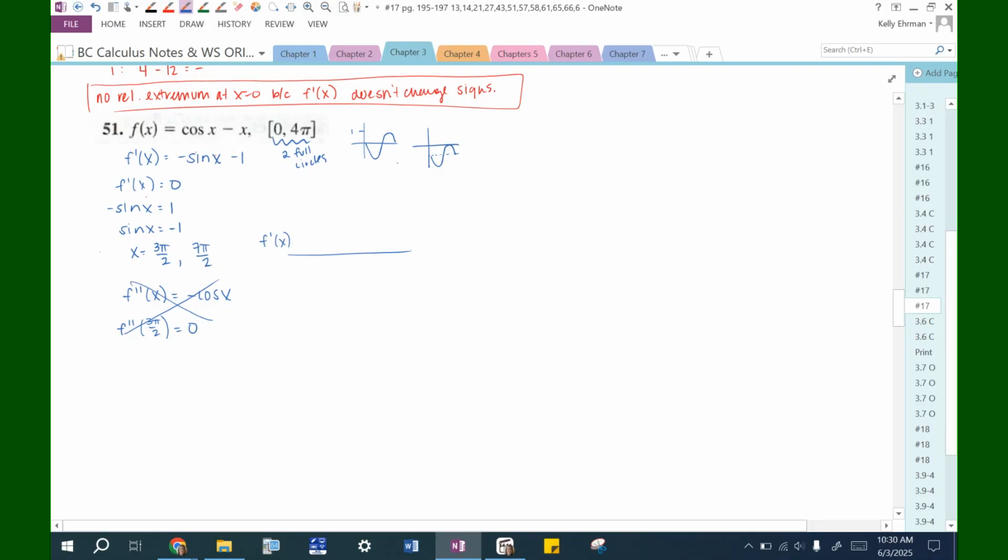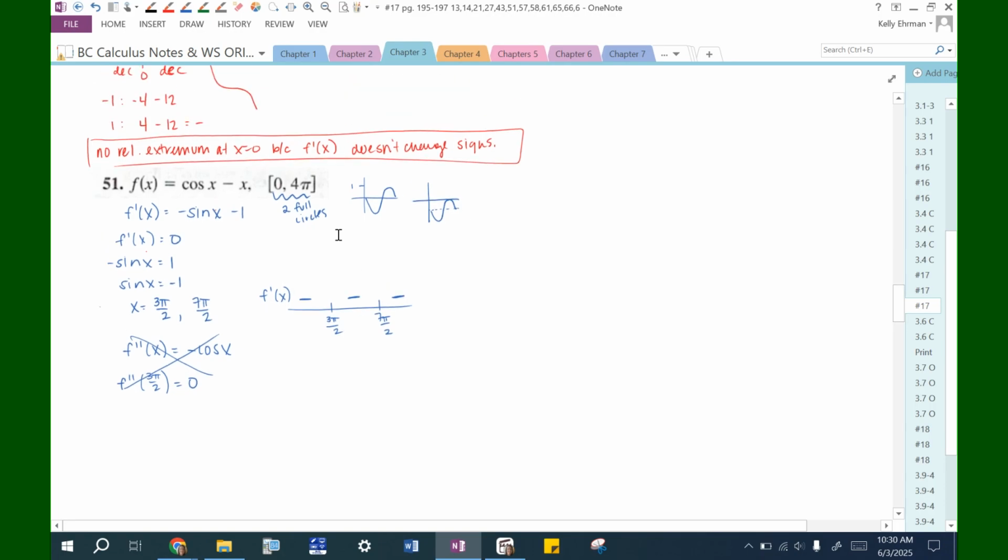And whether you sketch the graph or not, I think sketching the graph is a good idea because it saves you from doing trig stuff. But this is negative all the time. So f prime, negative sine minus 1, is negative, negative, negative for that whole thing. So you can plug in numbers if you want, but I don't think you need to. So the question was going back to relative extremum.